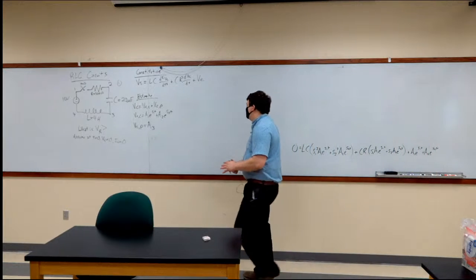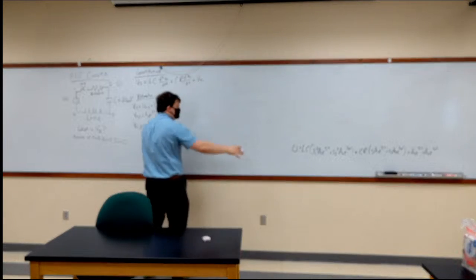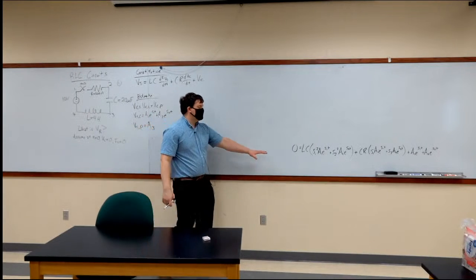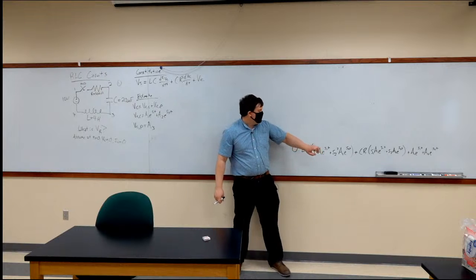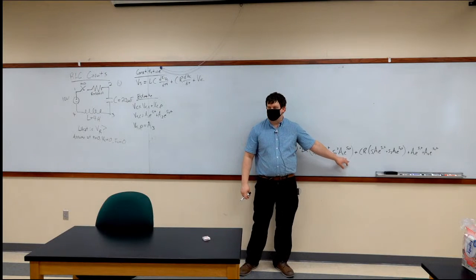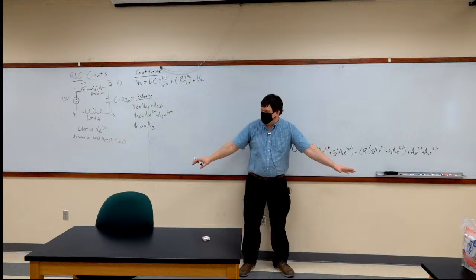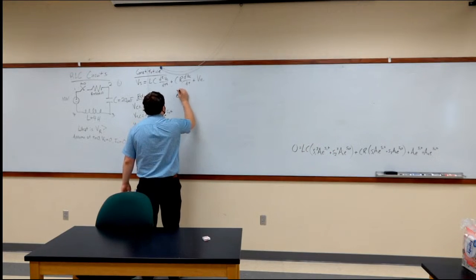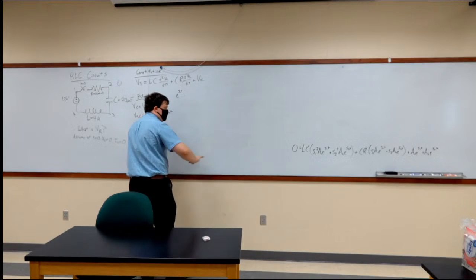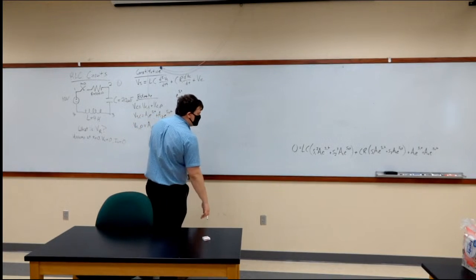Okay, so we have that equation. We're now going to break it up, and I'm going to pull out every component that has an e to the s1t and every component that has an e to the s2t. I'm going to break them into two different functions. So function 1 is e to the s1t. Everything that I have that has an e to the s1t, I'm going to put it here.